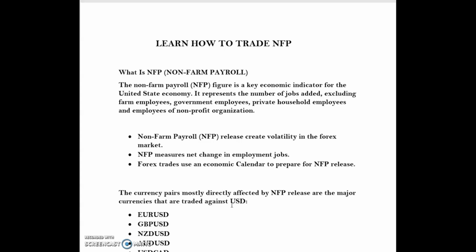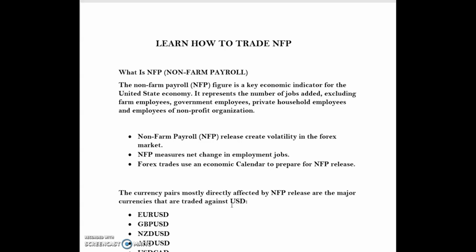Obviously, to be an NFP trader, you must understand fundamentals, and in fundamentals you learn that news events drive the market. If bad news is released, the market is going to respond to that bad news. Investors are going to start moving money and stuff like that.